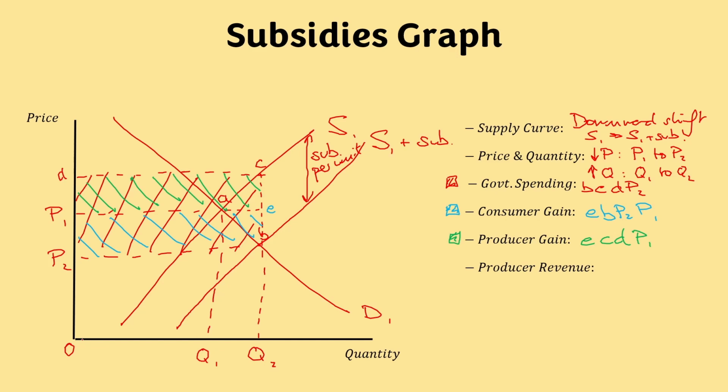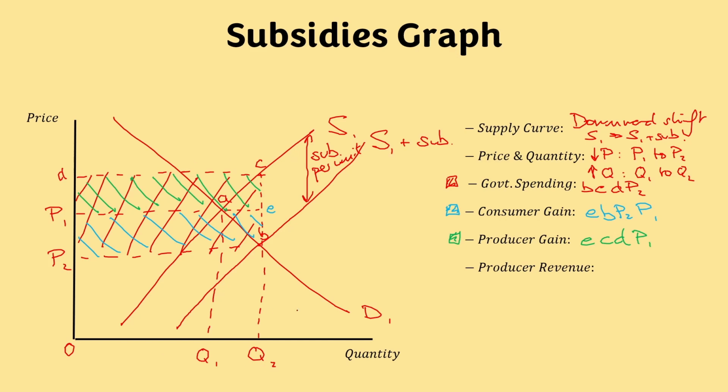Because bear in mind, like I said, they also enjoy the benefit of the subsidy. So it means that on top of this box here, P2, B, Q2, 0, they also enjoy the whole subsidy, right? Because it goes to them. Therefore, the new producer revenue is D, C, Q2, 0.